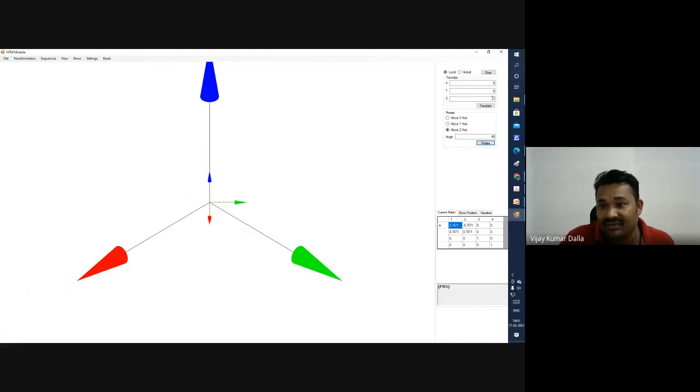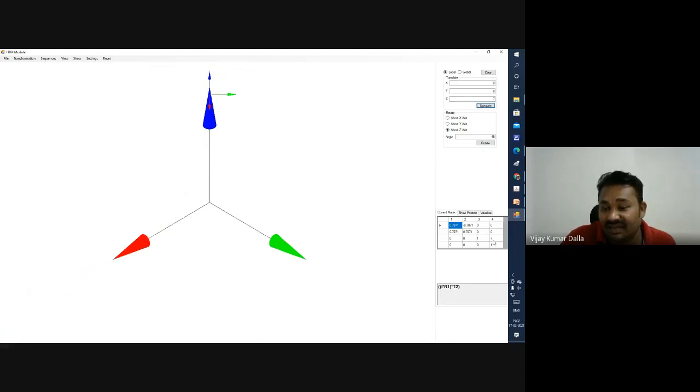So can we change it? After putting z is equal to 7, what is happening? See, the position vector for the z direction got changed. This z is equal to 7 is updated here in the matrix.